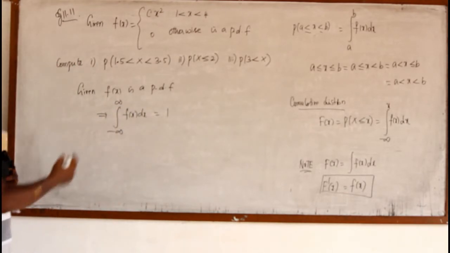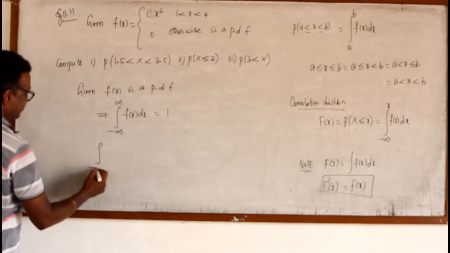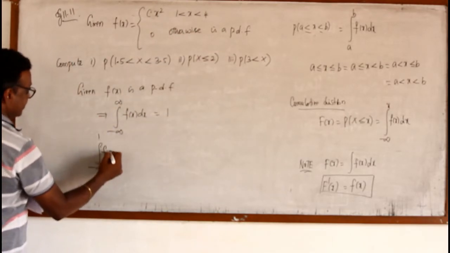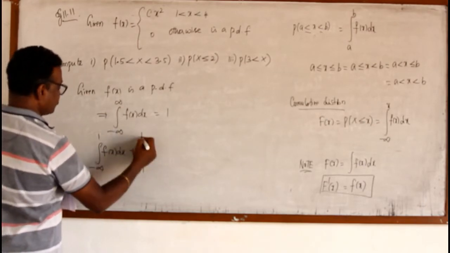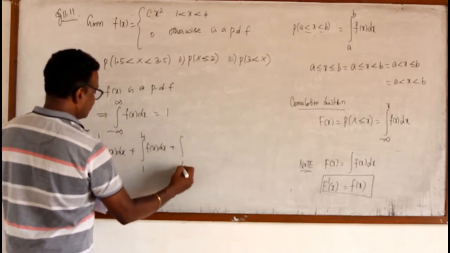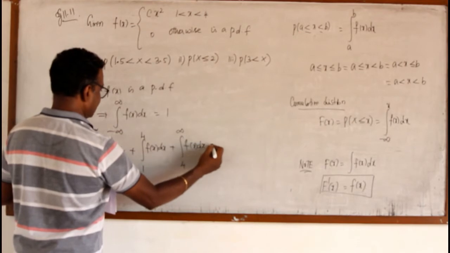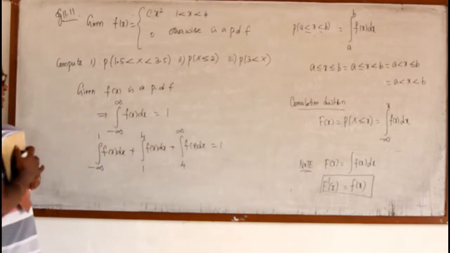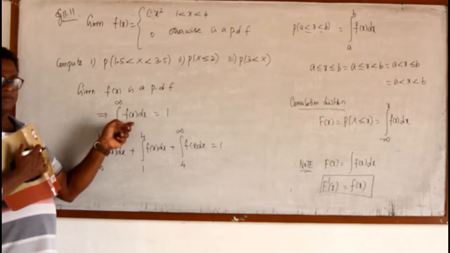We know. Now, the function exists only from 1 to 4. So shall I write from minus infinity to 1 f of x dx plus 1 to 4 f of x dx, then 4 to infinity f of x dx equal to 1, as per this definition.